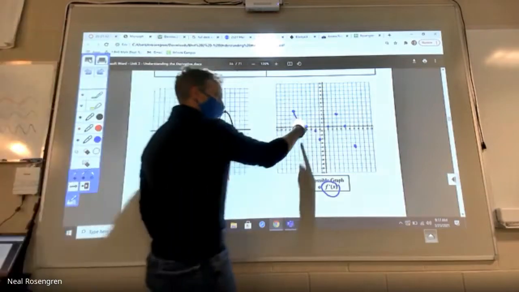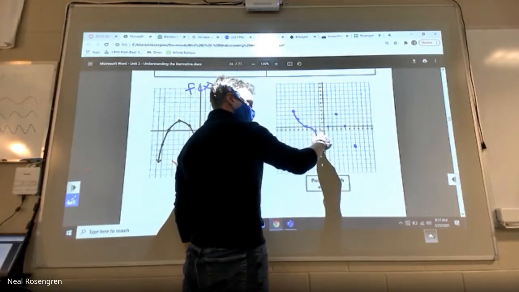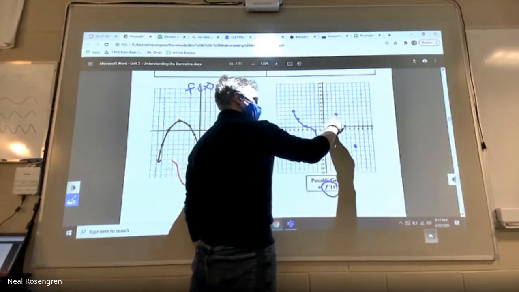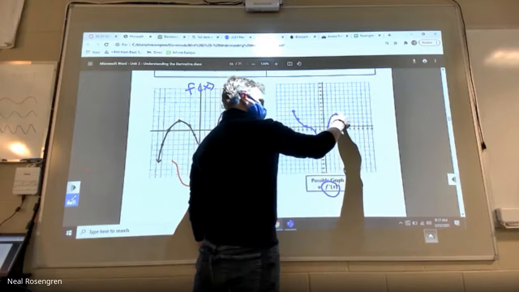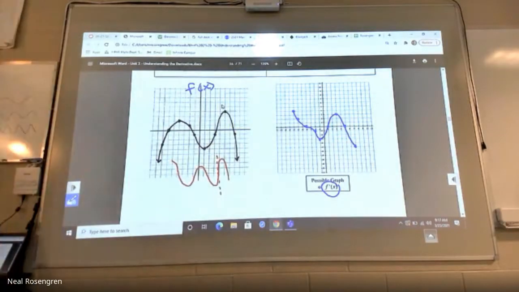But even then I still have to make my way back up, right? If that's probably my steepest point, I want to have that kind of turn. I want to get myself to a point where there is continuity if I can, if it works. Again, vertical tangent lines are going to cause us some issues later on. Any chance I get, I want to make sure that I'm nice and round.